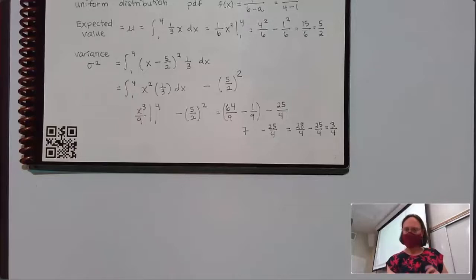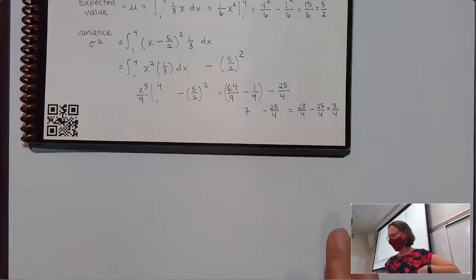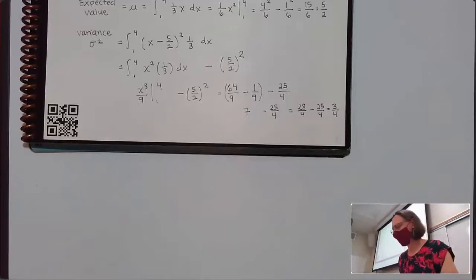So I'm going back to check the book, to make sure I didn't mess something up. But I am pretty sure that for our uniform distribution, it should work out to be 1/12 of b minus a squared, which I think that works out to be.